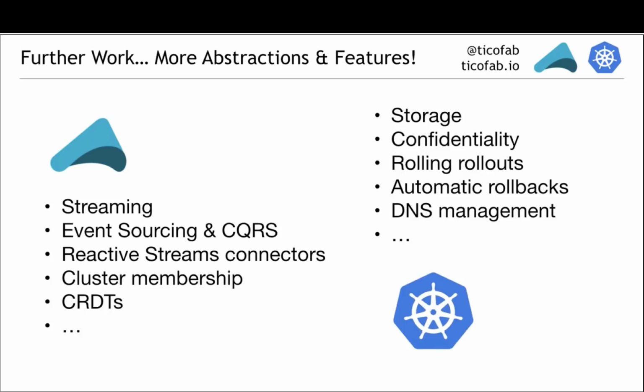And Kubernetes also has lots more features: storage, confidentiality, rollouts and automatic rollbacks, and much more. And I am always on the lookout for patterns and integration between these two. So please, if you find some interesting patterns about this, get in touch with me.